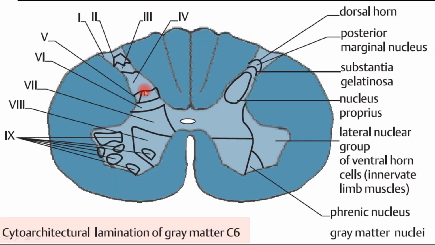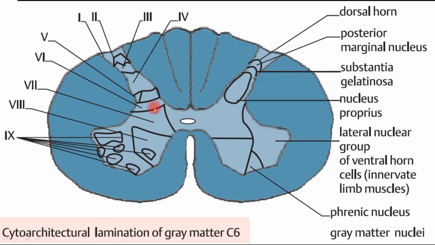Apart from nuclei, the gray matter of the spinal cord can also be divided into laminae. As you can see, there are 10 laminae indicated in Roman numbers: lamina 1, 2, 3, 4, 5, 6, 7, 8, 9, and 10, which forms the gray commissure.